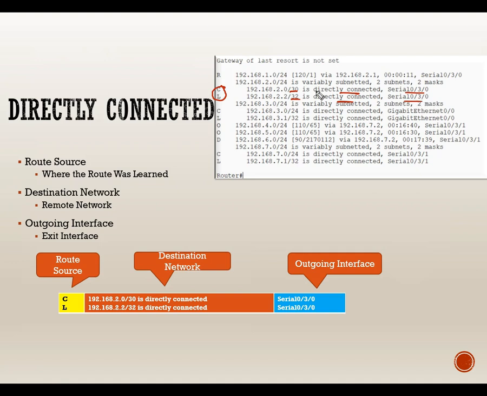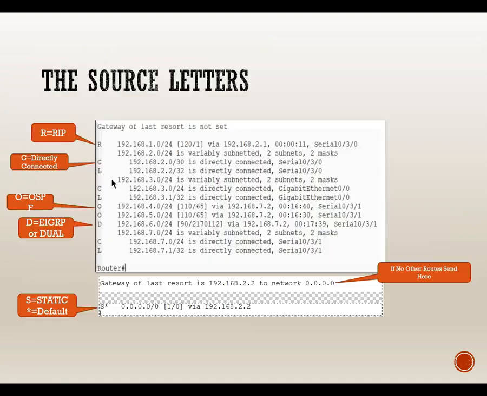So these are going to be directly connected. We would presume, since it's the 30-bit mask, that these are the interfaces that connect routers together, because there are so few addresses available there.